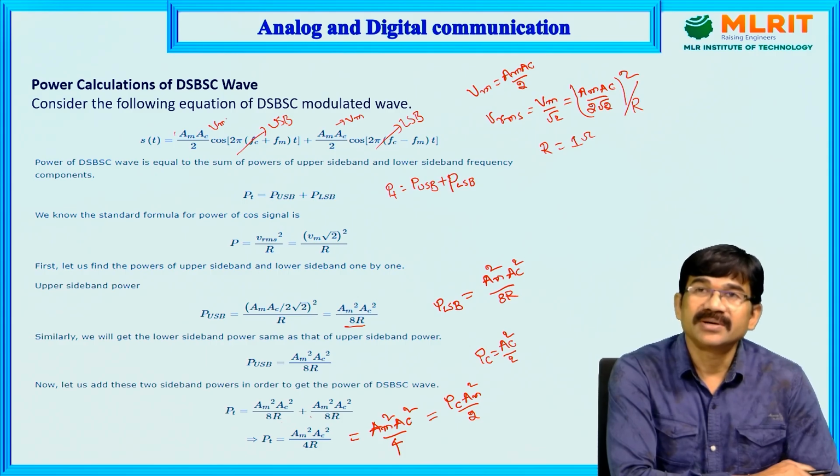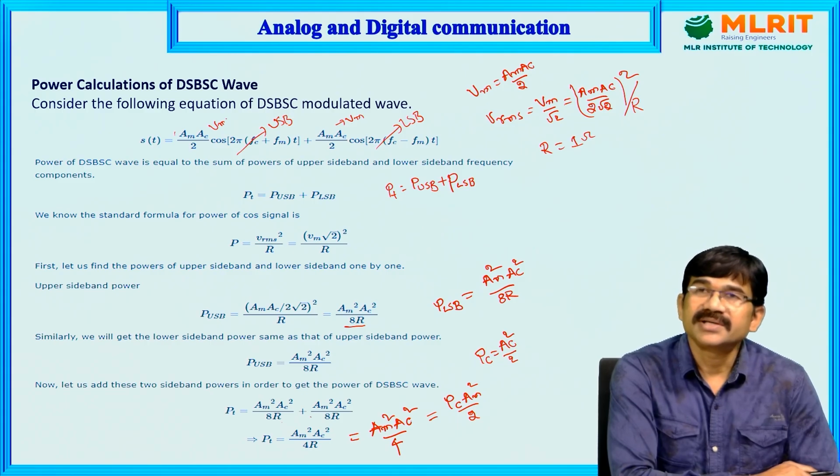DSBFC means double sideband full carrier system, which is another name for AM. So the bandwidth for that is 2Fm, and for DSBSC, double sideband suppressed carrier system, it is also 2Fm. The same bandwidth is required for the transmission of AM and DSBSC.